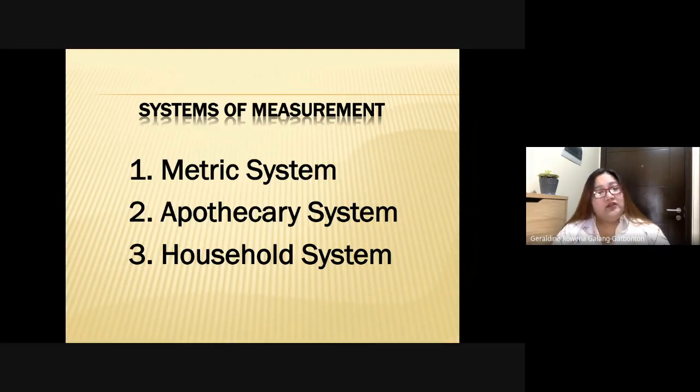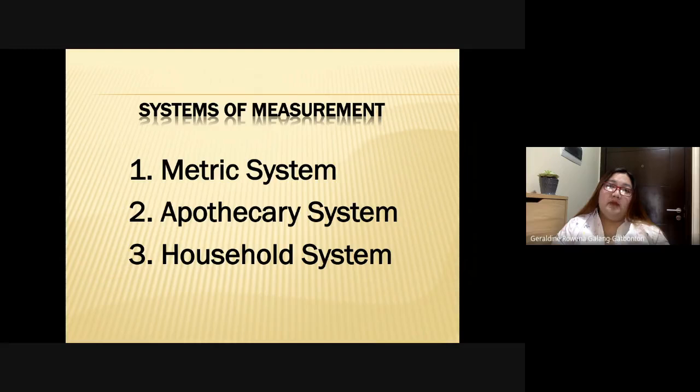Now, when calculating drugs, it's very important that we know conversions and calculating weight, volume, and height. Also, you have to know the different abbreviations. You have to use only the universally accepted abbreviations.